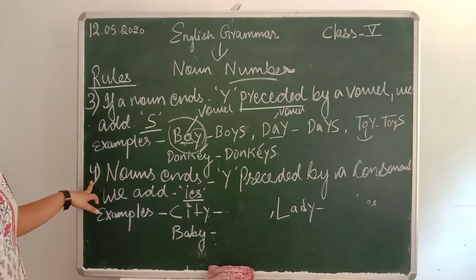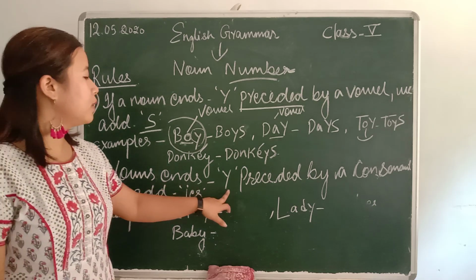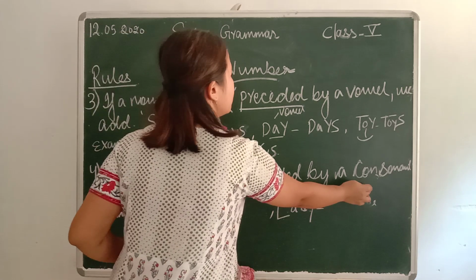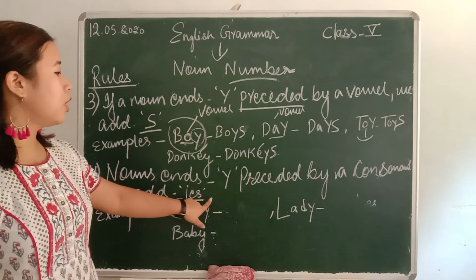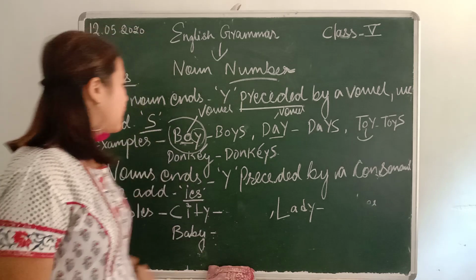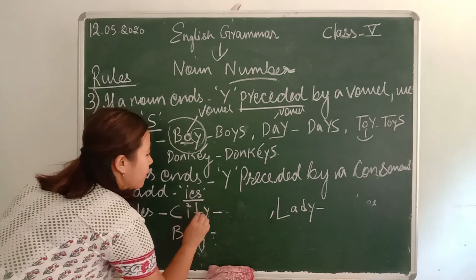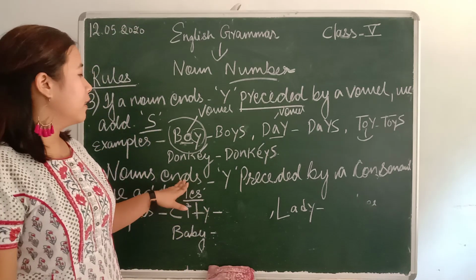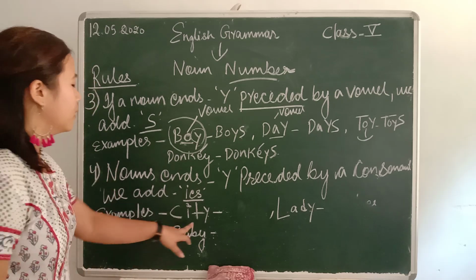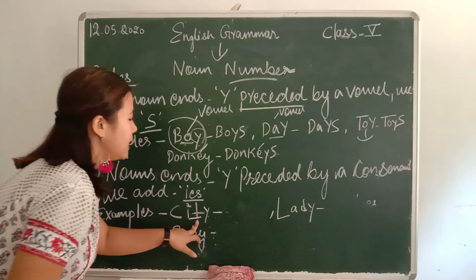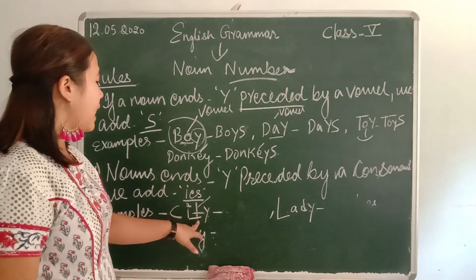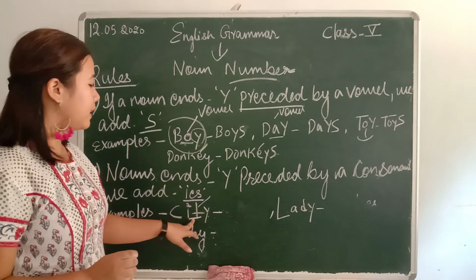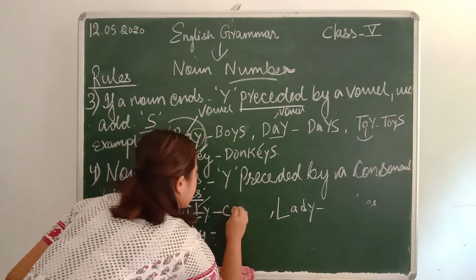In rule number 4, nouns ending with Y preceded by a consonant. So we saw here preceded by a vowel, so here we have a consonant. So consonants are the rest of the letters, leaving A, E, I, O, U, then other alphabets like T. T is a consonant. So if there is any word that has a consonant before Y, then we have to put I-E-S.